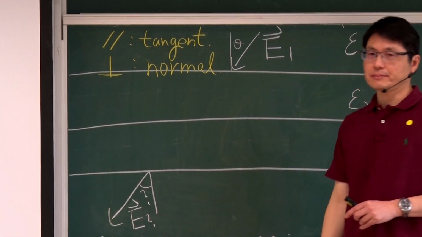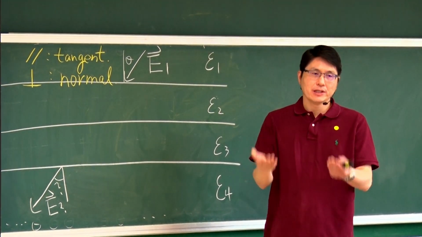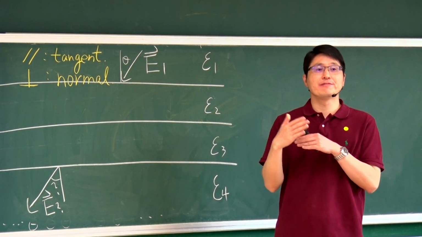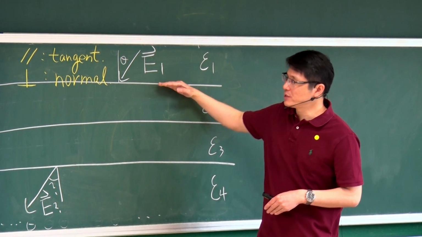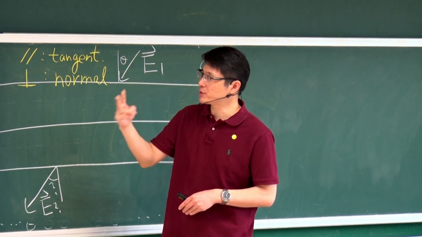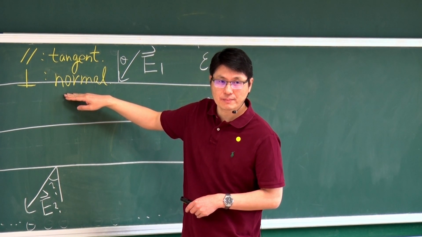Right? Once we have an interface defined, fields are forced to be divided relative to the interface into two different components, the tangential component and the normal component. Okay?